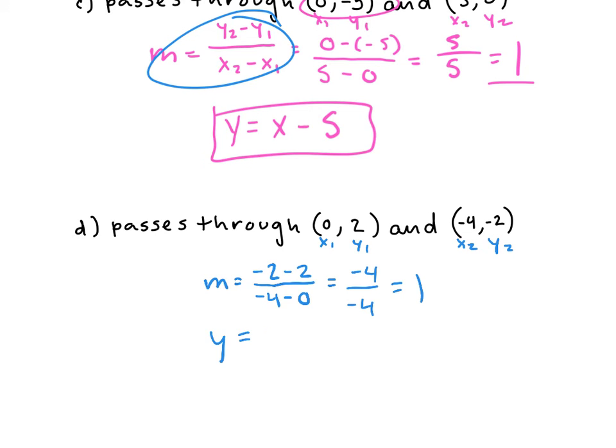Y is equal to x plus, what is our b? What's our y-intercept? 2. Anytime we see 0 and then a number, that's our y-intercept. So x plus 2.